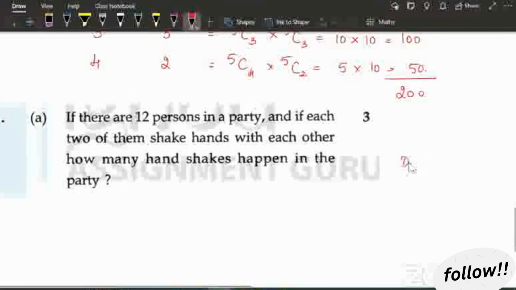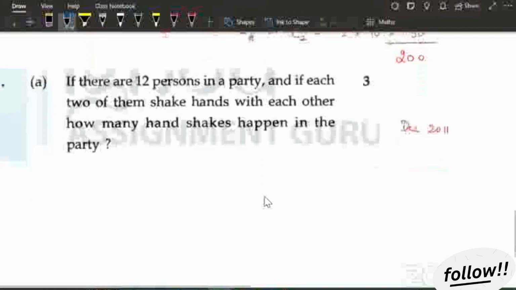This is from December 2011. If there are 12 people in a party, and each 2 of them shake hands with each other, how many handshakes happen in the party? Now, for each handshake, 2 people are required. The order in which it is done is not important.